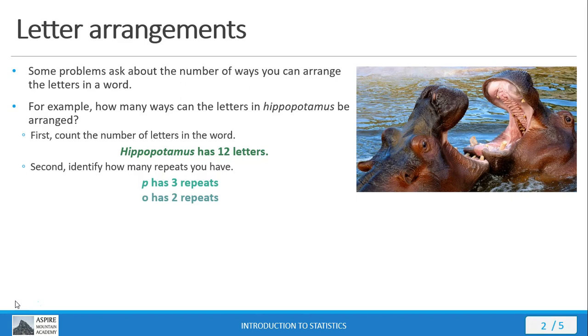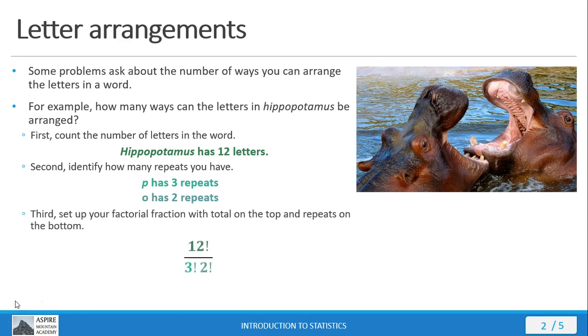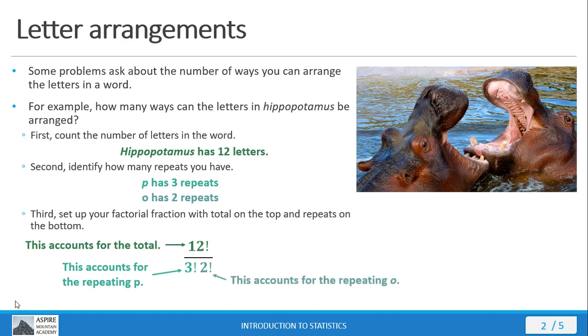Now we're ready to set up our factorial fraction. Okay, so here we set it up, 12 factorial over 3 factorial times 2 factorial. Remember, the 12 comes from the fact that we've got 12 letters total. The 3 comes from the P being repeated 3 times, and the 2 comes from the O being repeated 2 times.